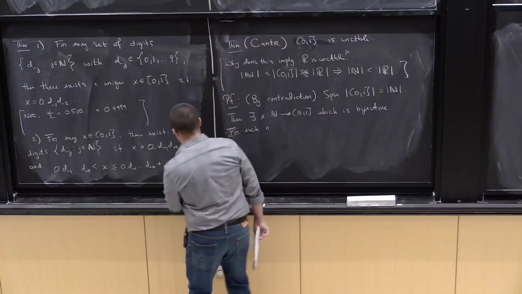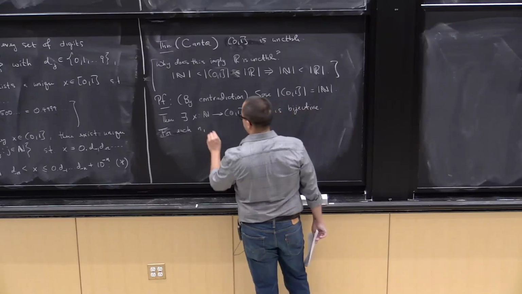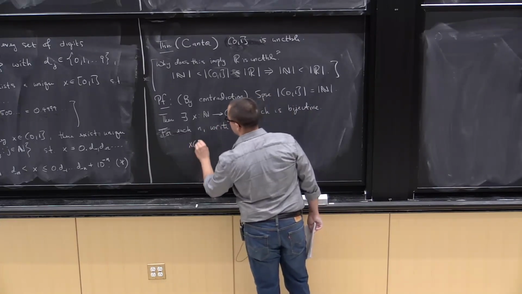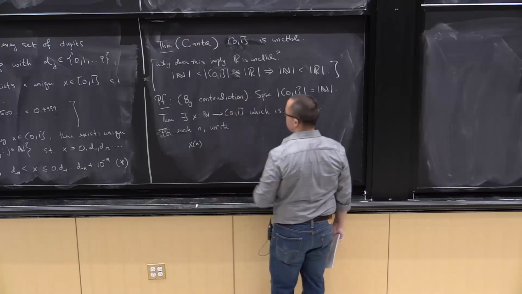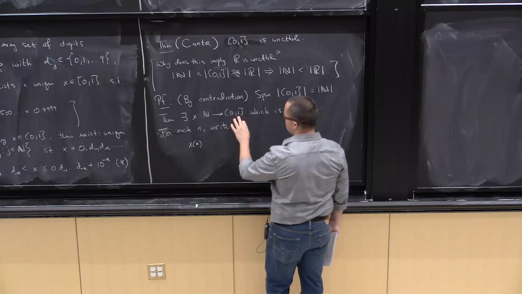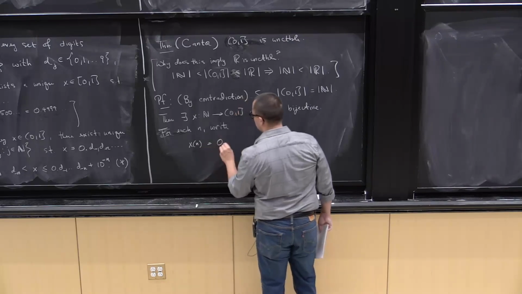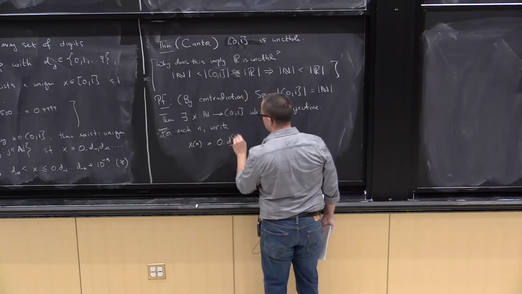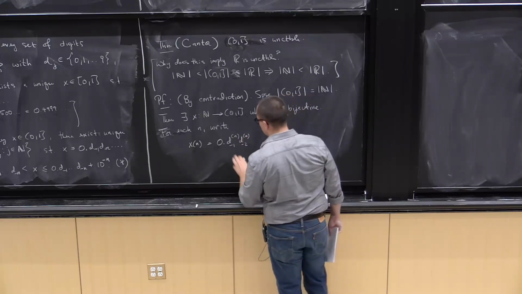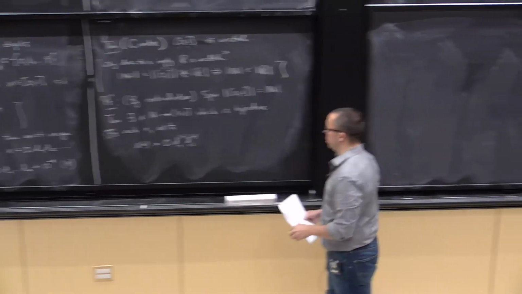So let me label this inequality star. For each n, we write x of n. So this is an element of 0, 1. So this is bijective, so every element in 0, 1 gets mapped onto. So we write x of n in its decimal representation. I have two indices now, one for the digit place and one for which n.